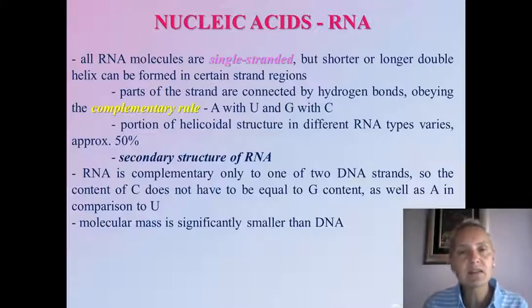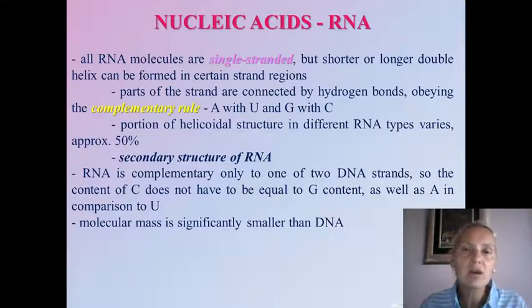Due to the fact that RNA is synthesized from DNA, and knowing the procedure of RNA synthesis, we can conclude that an RNA molecule is complementary to only one of the two DNA strands.